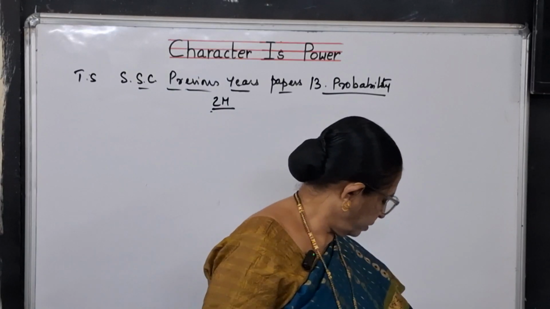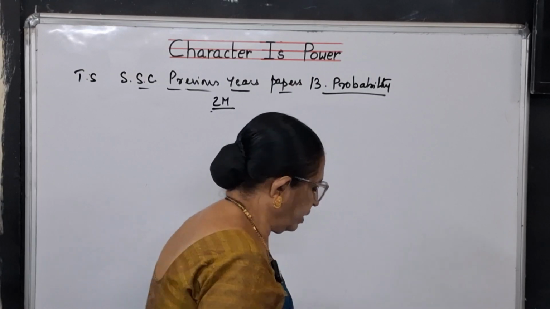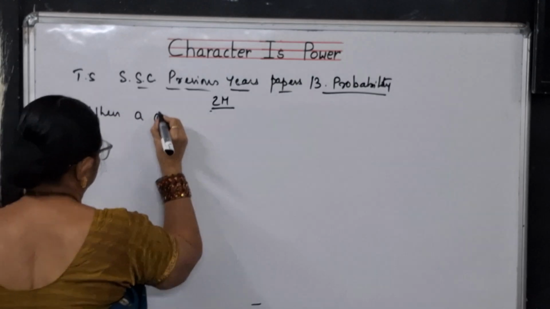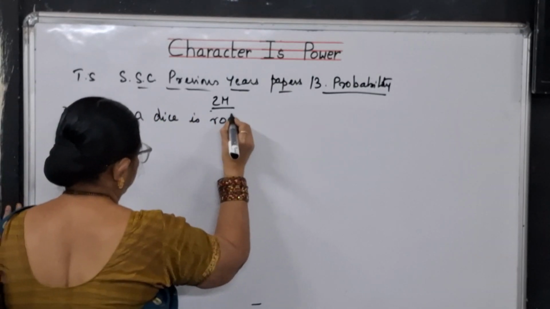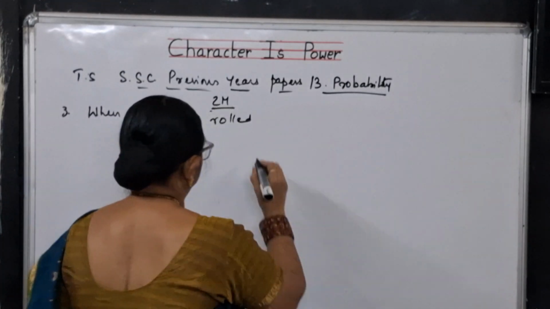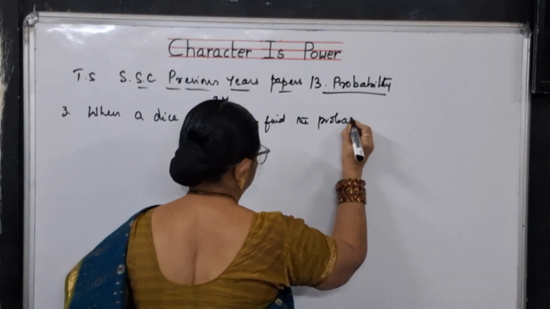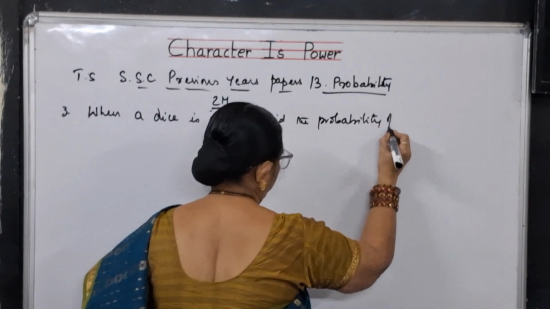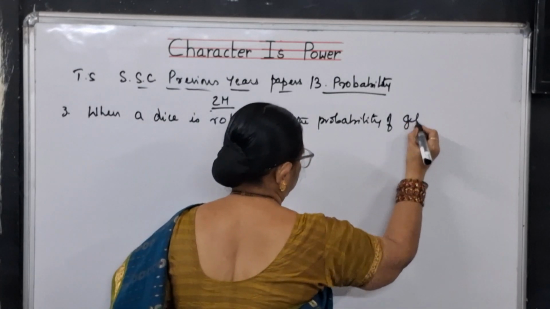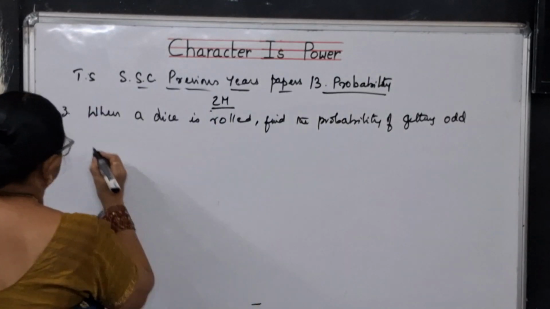Now let us see the third problem. When a dice is rolled, find the probability of getting an odd prime number.